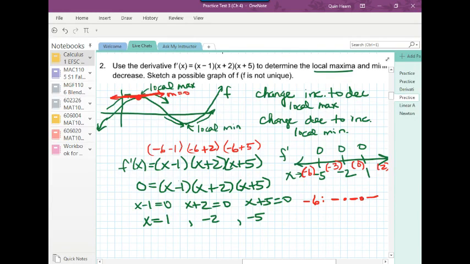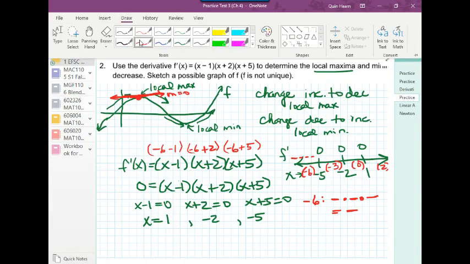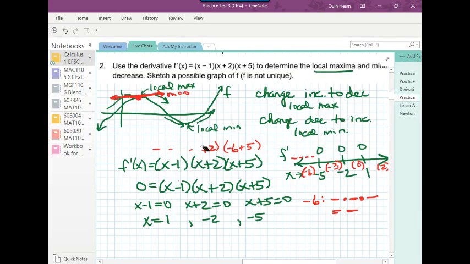So these are our potential local maxima and minima here: 1, -2, and -5. What we need to figure out is if there's a change from increasing to decreasing at those points. So we're going to test some values on each interval. I'm going to test -6, -3, 0, and 2, but you can pick any value on those intervals.